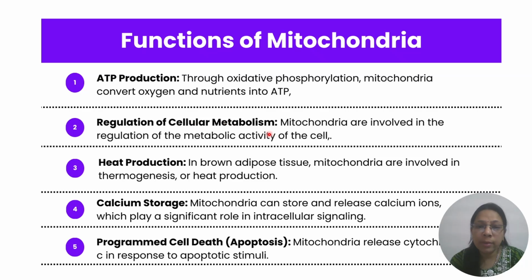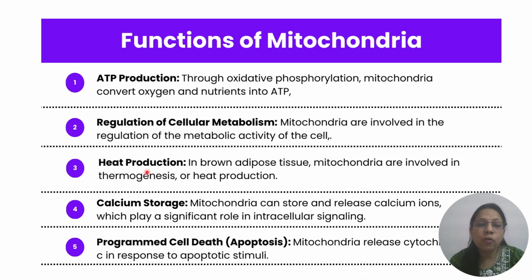Regulation of cellular metabolism: they are involved in all metabolic activities as they provide some chemical compounds which are called intermediates. As mitochondria possess their own DNA and ribosomes, they can synthesize some proteins and amino acids. These are called intermediates also.